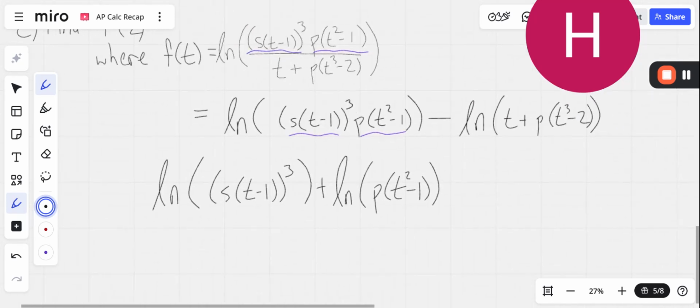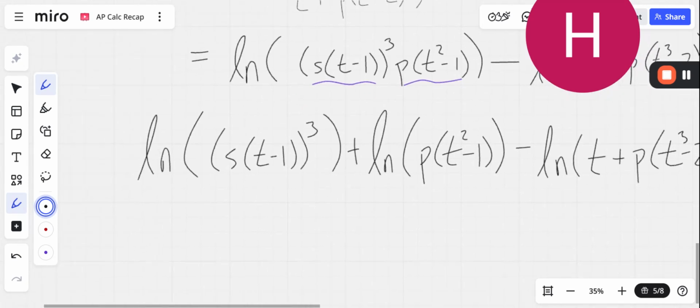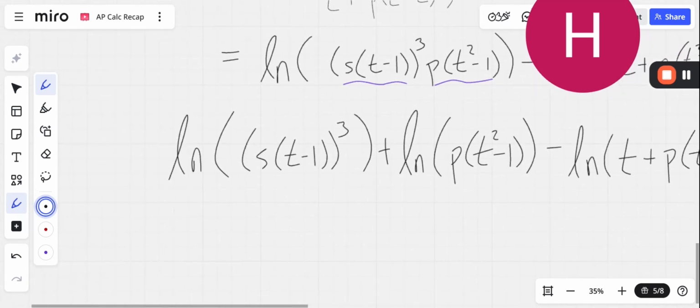And it looks like we're just making more expressions to work with, and this is true. However, it's allowing us to skip the product rule and the quotient rule, which would have been a nightmare. I mean, we just did a really long quotient rule problem. And we're going to leave this the same. It's not hurting anybody. Now, there's one last property that we want to use to make this a little bit easier, because the first expression is clearly a pretty packed chain rule.